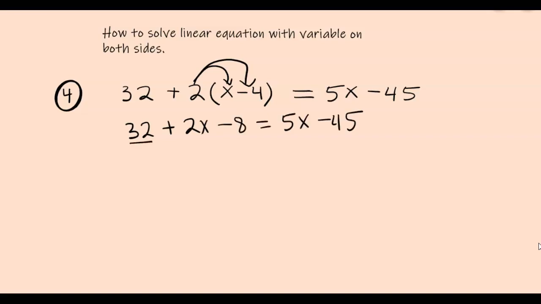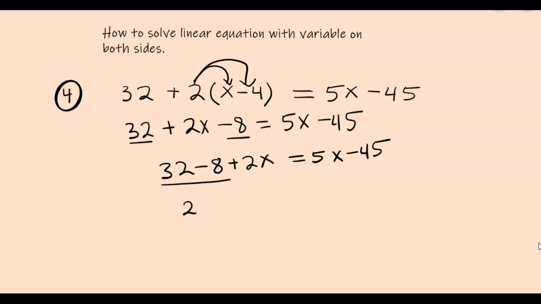Realize that there's a number here, there's a number here on the same side, so let's bring them closer. Whatever is in front of you belongs to you, so that's the reason why the -8 came over here. So 32 minus 8 give us 24.